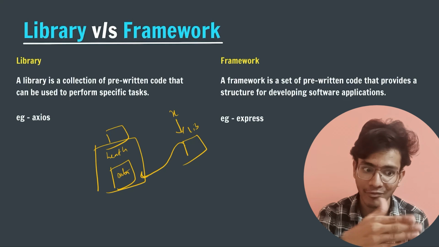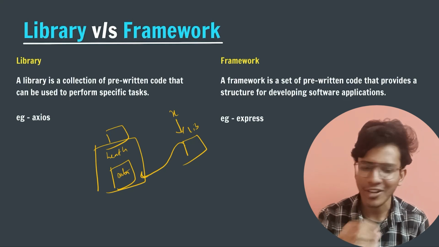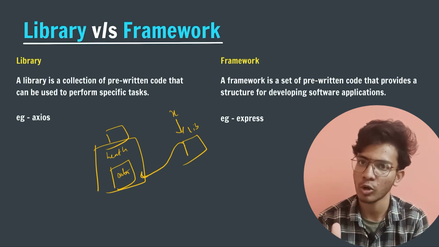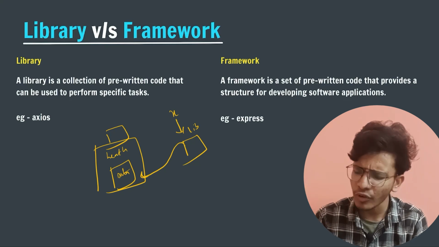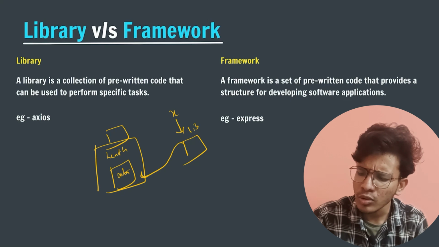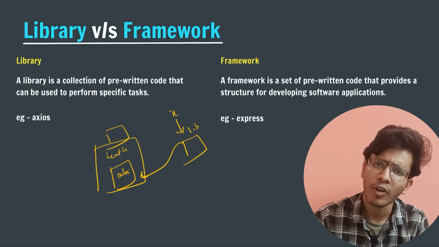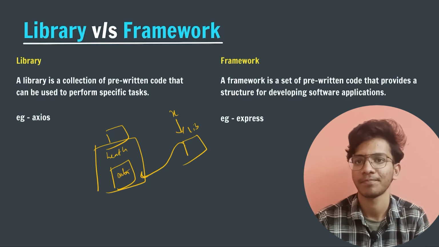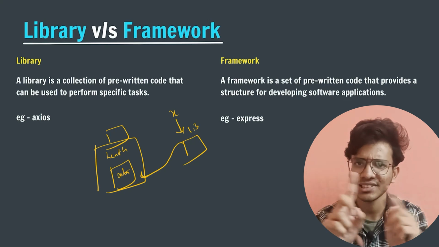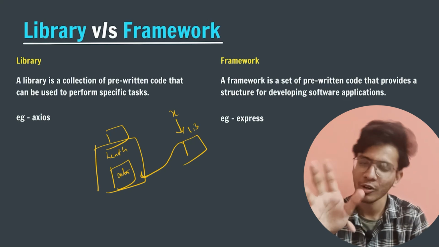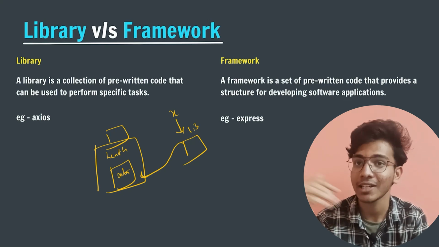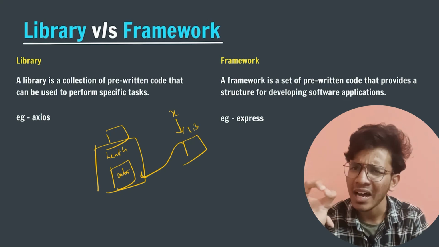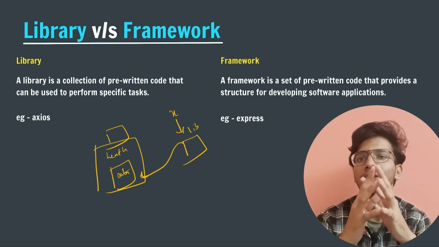But when it comes to a framework, a framework is also a set of pre-written code, but it follows a structure. It has to follow a structure. You cannot use a framework without following the order of that framework, right? So this is the very minor difference between a library and a framework.